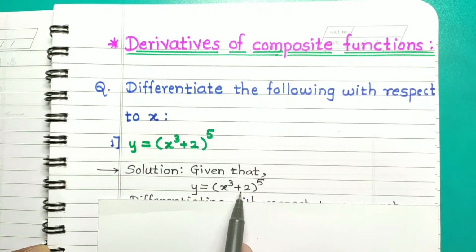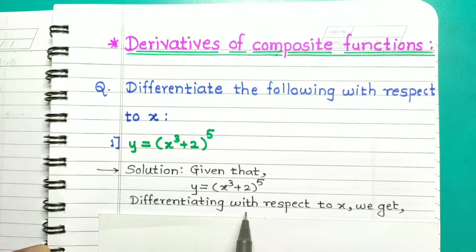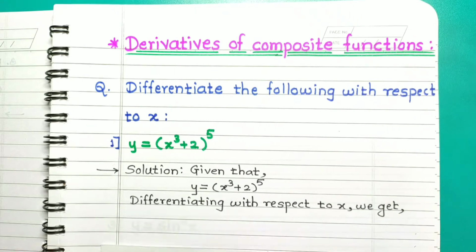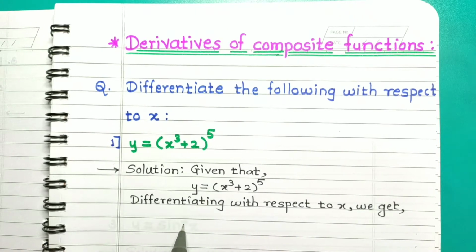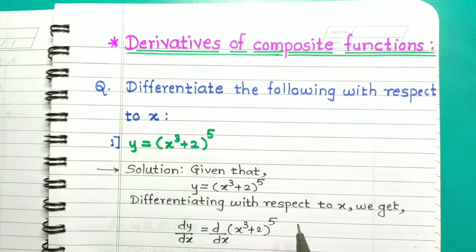Given that y is equal to (x cube plus 2) raised to 5, we have to differentiate this function. So differentiating with respect to x, we get dy by dx, which is the derivative of y, is equal to d by dx of (x cube plus 2) raised to 5.